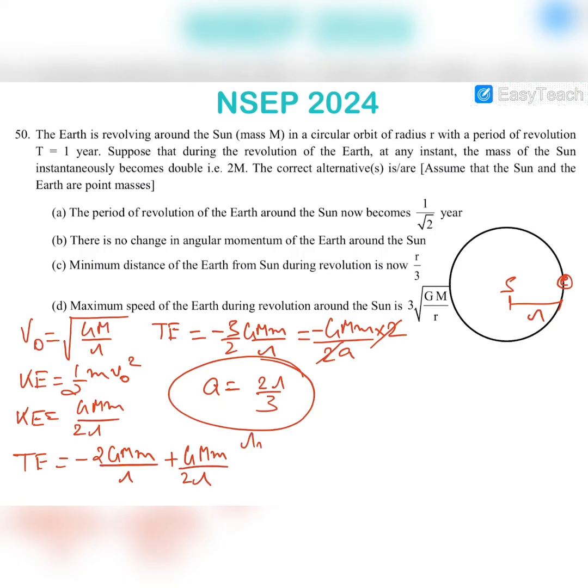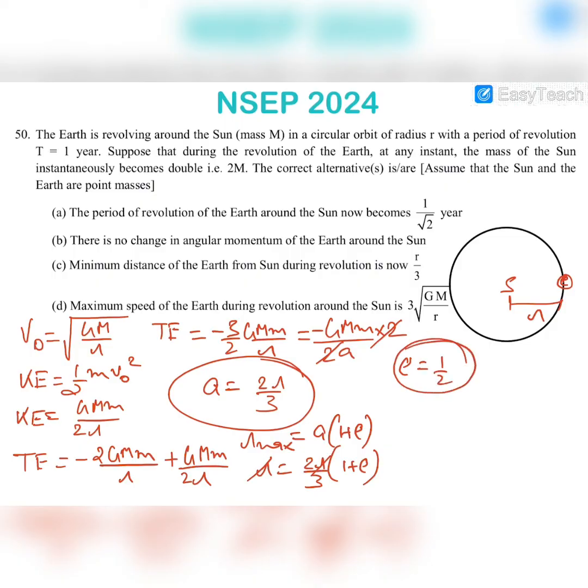So we know that r max is a into 1 plus e, where e is eccentricity, so r is equal to 2r by 3 into 1 plus e, and cancelling r with r, e will be equal to half. You can see that e is half. Now r minimum will be a into 1 minus e.